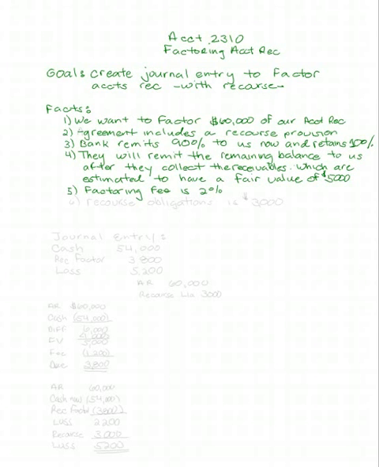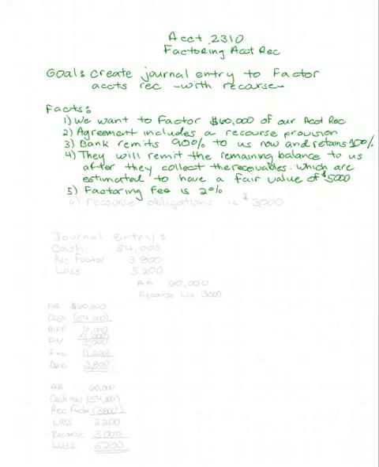Our facts state that we would like to factor $60,000 of our accounts receivable to the bank. The agreement includes a recourse provision, which allows the bank to have recourse against us for certain amounts of money. The bank will remit 90% to us now, and they will retain 10%.